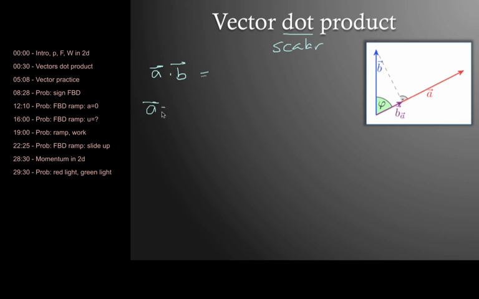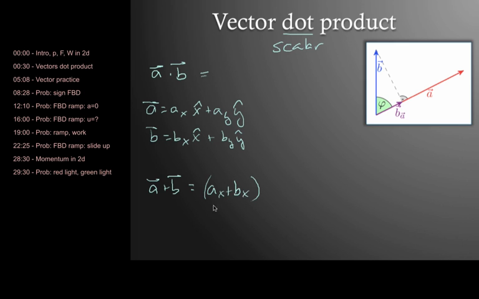So if A is Ax x hat plus Ay y hat, and B is pretty similar, Bx x hat plus By y hat, if we were just adding these, A plus B, then we're going to get Ax plus Bx x hat plus Ay plus By y hat.